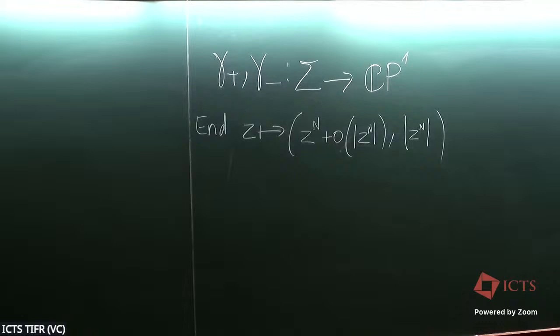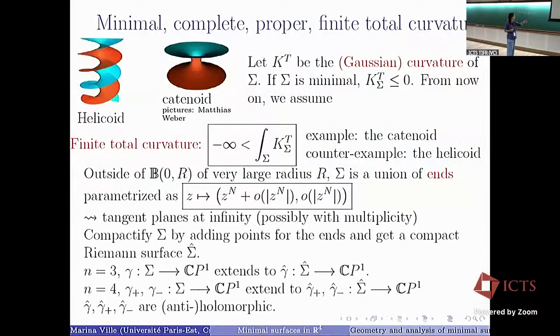And so we have tangent planes at infinity. There is one tangent plane and one normal plane. So this leads us to this classical construction. Sigma in R4, of course, is not compact. It has ends, but because for each end there's a single tangent plane at infinity, we can extend the Gauss maps.